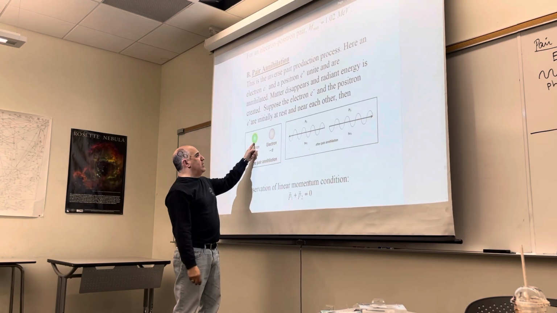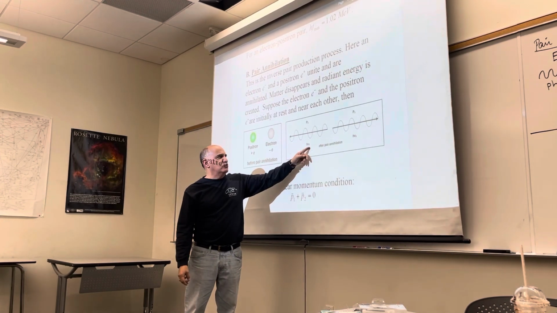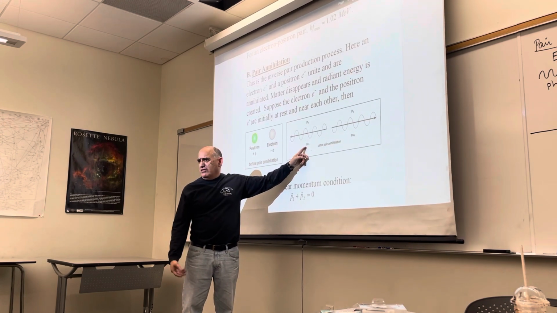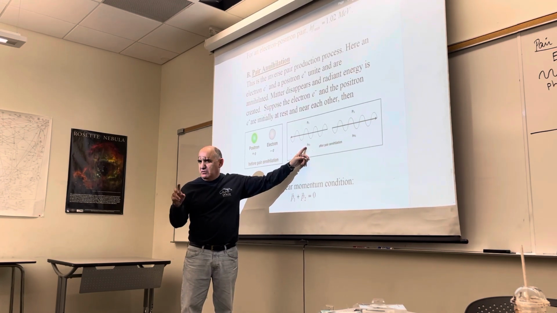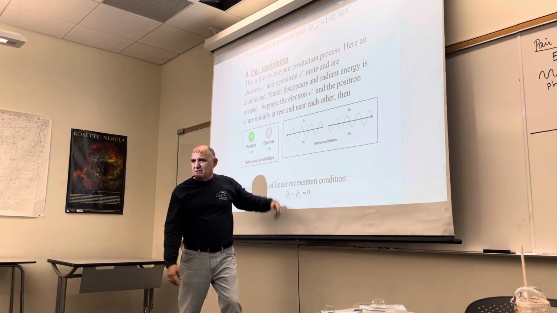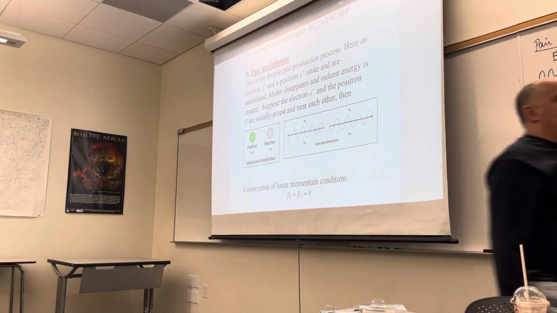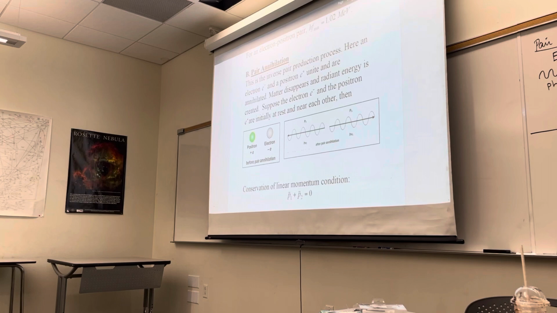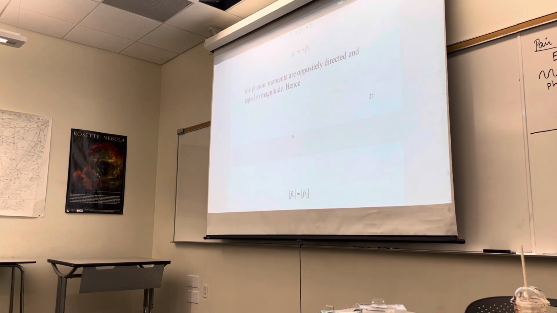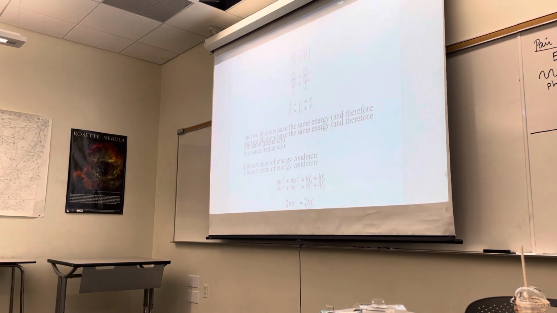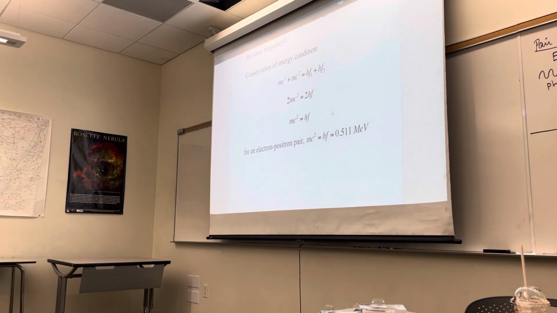So mc squared equals hf. I just took this from another book where they call frequency nu, the Greek letter nu. And so using conservation of energy and conservation of momentum, the energy of each photon is just the energy of each of the particles.